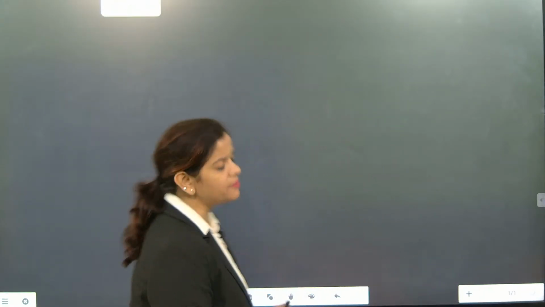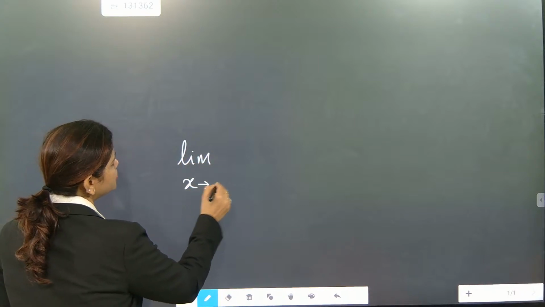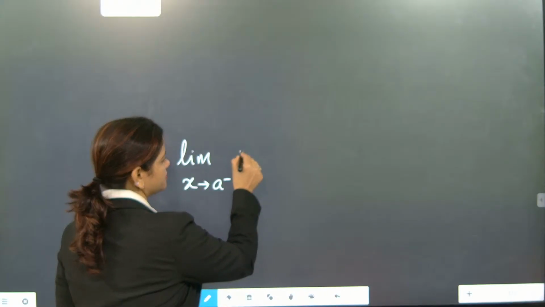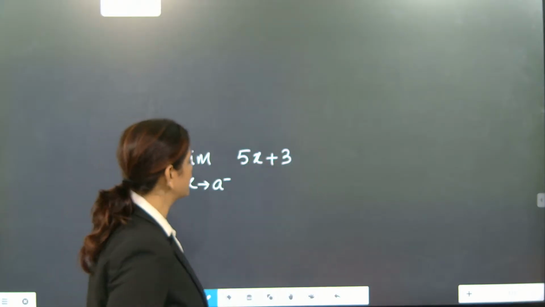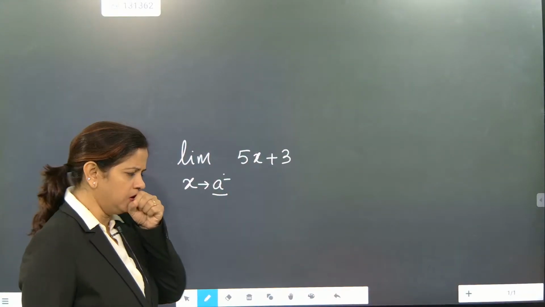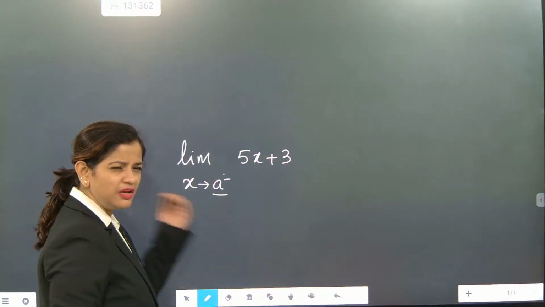There is a way of finding limit, beta. Now, one question always students are asking me: this problem, limit x tends to a minus, and this is the function. See, if a minus is there, I can't put a minus here. This is left, minus is left.